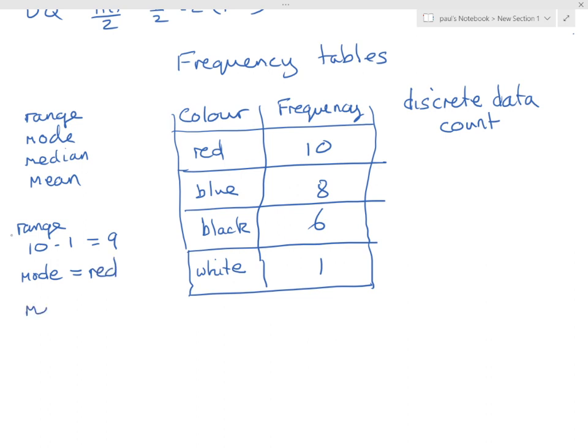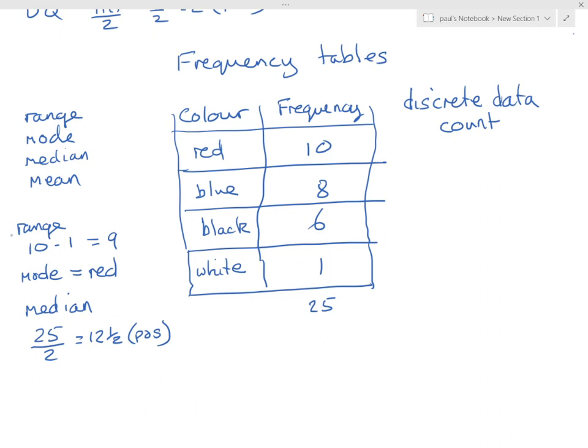The median. Now we know that the median is the middle value, so first of all we have to count up how many there are. So 10, 18, 24, 25. So you just take this 25, simplistic, it would work 99 times out of 100, divide by 2, which equals 12.5. So this is the position of the median.